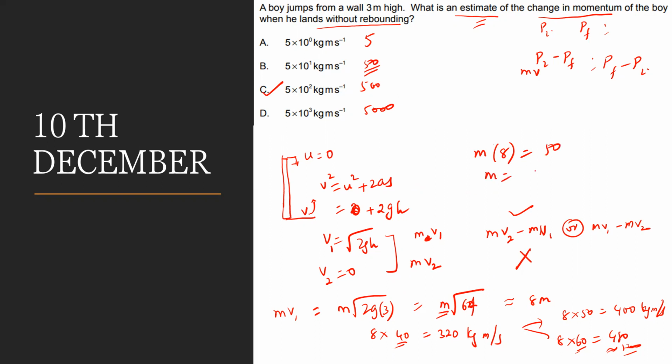Then the value of M should be 50 by 8. 8 6s are 48, then 2, 8 3s are 24. Nearly 6.3 kg. Can a 6.3 kg boy jump from a building from a height of 3 meters? Definitely not. He's just a small child, right?